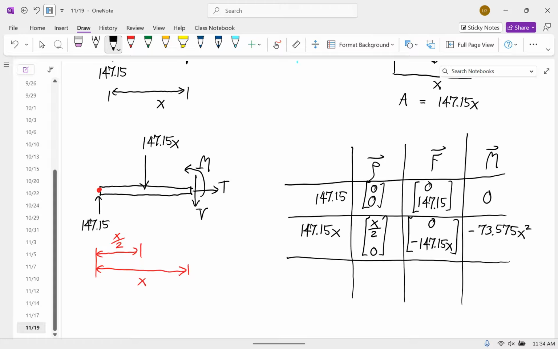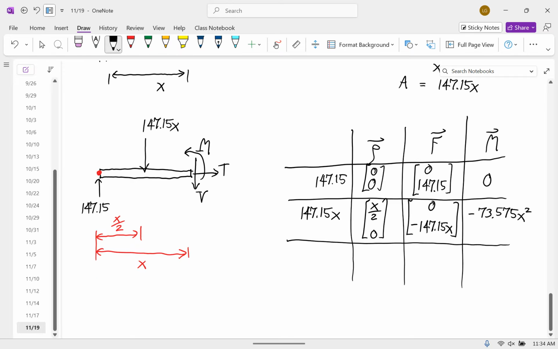It's just instead of numbers, we have some x's mixed in there. And then the last, now we got to the internal loads. T, the row vector for that is x, 0. The force vector is T, 0. Cross product is 0.